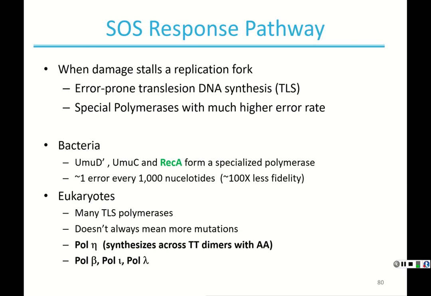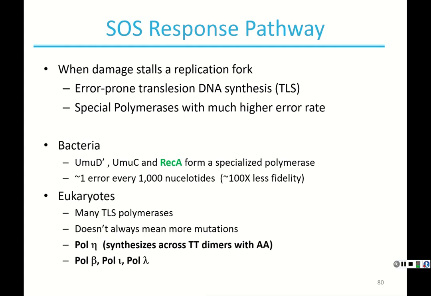Okay, the last repair mechanism we'll talk about is what's known as the SOS response pathway. This is when there's damage at a replication fork that causes it to stall. How the cells get around this is they use a more error-prone way to synthesize the DNA just to break through this.